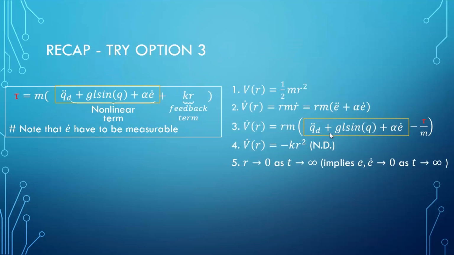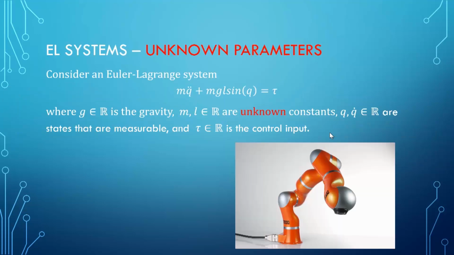If n is unknown, then in your controller you have to implement something that's unknown, and you cannot do that. How can you write code, design and implement a controller with something which is unknown? There's no way. So you cannot use that structure. The controller has to be redesigned.